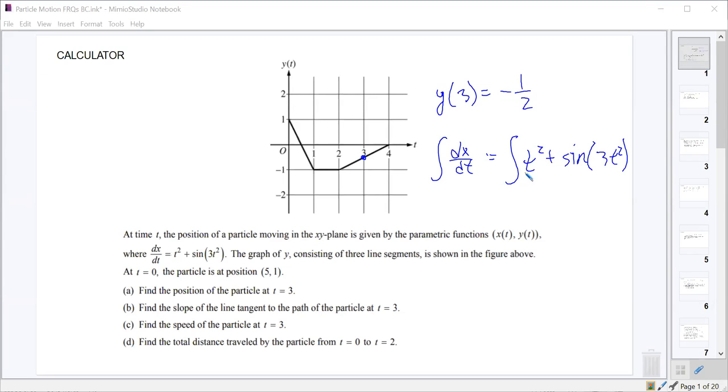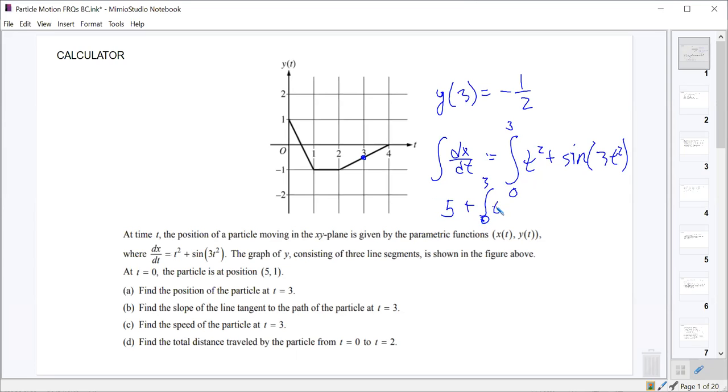All right, so we need to integrate this. And if we integrate this from 0 to 3, that should give us our displacement from 0 to 3. And we know that at t equals 0, it was 5. So our new position ought to just be 5, our initial, plus this integral.